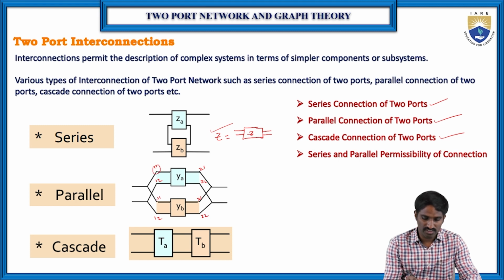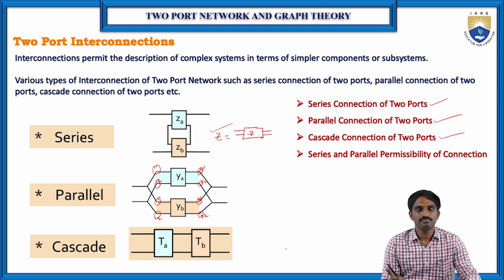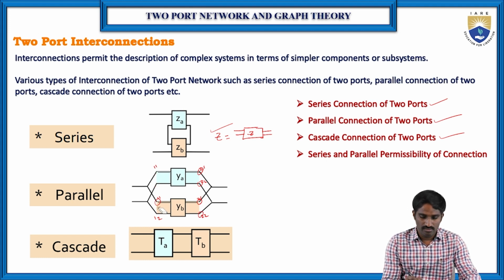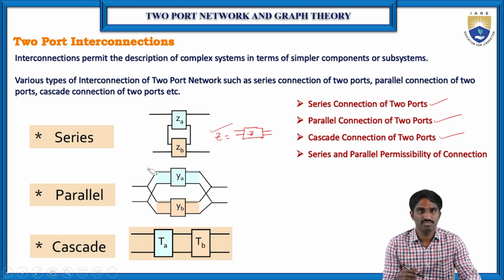Here this 1 1 is connected to this 1 1, and this 2 1 is connected to the 1 2 of the second network, and similarly this point is connected to this, and this point is connected to this, so that we can call this the parallel connection between the two-port networks. Then again, what is the resultant two-port network? Let us consider it to be Y. Then what is the relation between these that we are going to derive here?